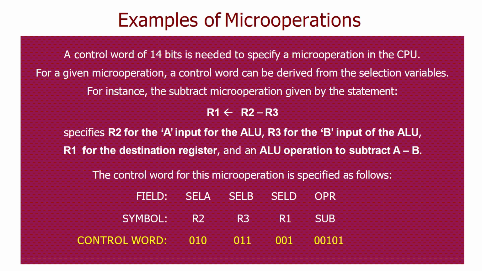So suppose we want to apply the operation R2 minus R3 and put the result into R1. R2 is selected through 010, R3 is selected through 011, R1 is selected through 001, and subtraction is selected through 00101.